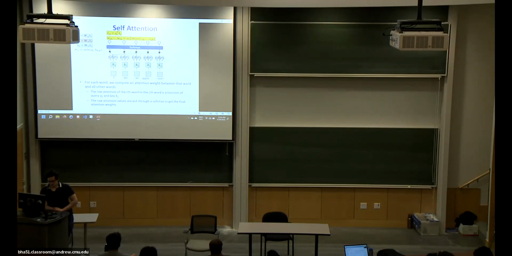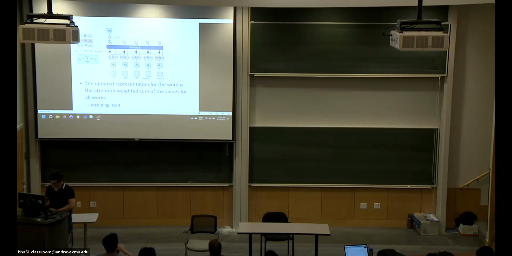Once you have these for each of the words, you can get a softmax with respect to the keys, and then you get a probability distribution over the keys, which you can use as weights. We're going to call them W_IJ.